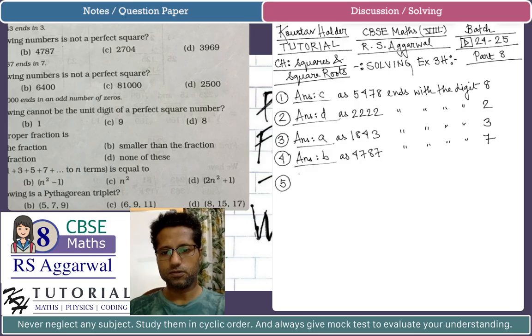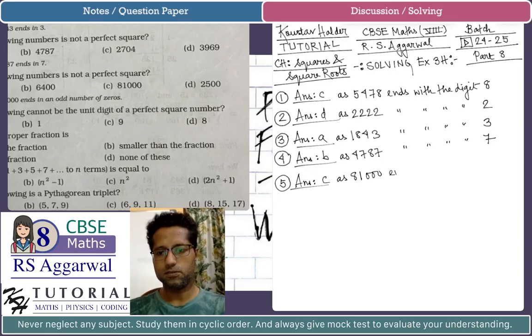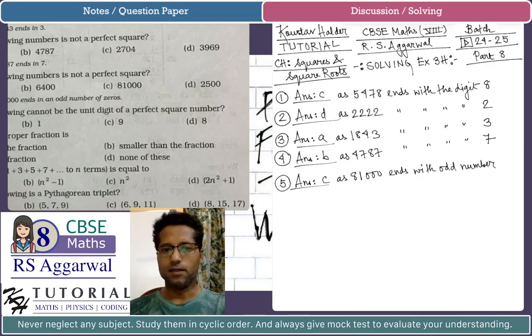So the correct choice is C, as the given number 81000 ends with an odd number of zeros. If a number is a perfect square and it ends with zeros, then it has to end with an even number of zeros.